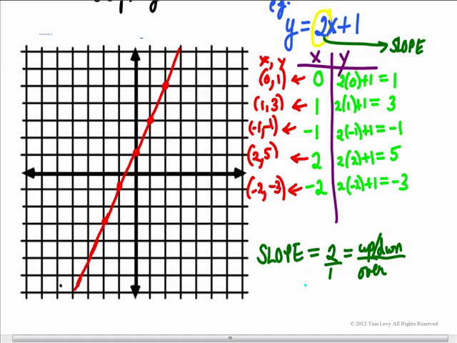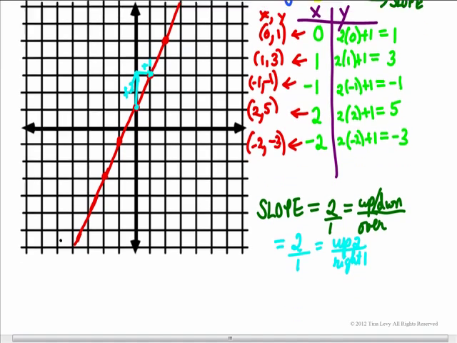One way to think of it is positive 2 over positive 1, which is up 2 units and right 1 unit. So if we start with any point on this line, the slope would get us to the next point by going up 2, and then over 1. And we get the next point on the line.